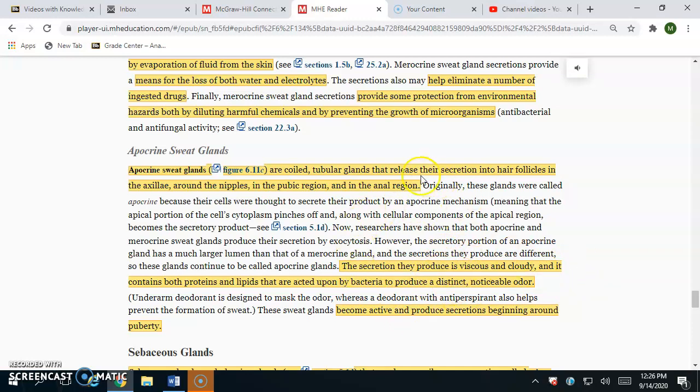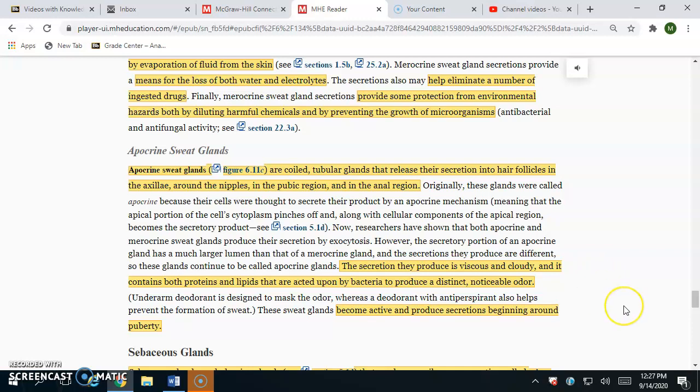It doesn't say that in here. I think the jury's still out on what the major role of the apocrine sweat glands is. But I have heard before about pheromones, and since they become active around puberty, it makes sense that maybe it has something to do with that pheromone smell and attracting individuals of the opposite sex.